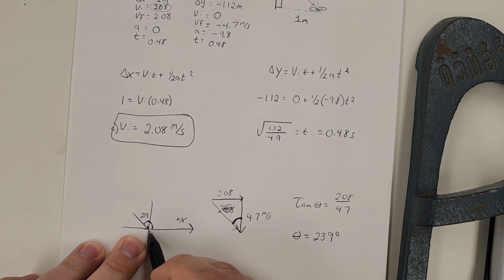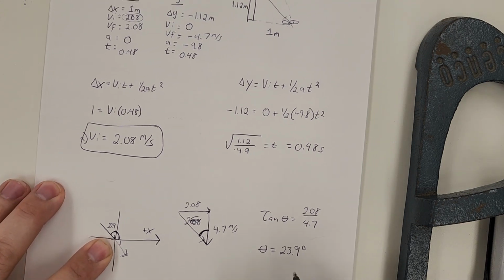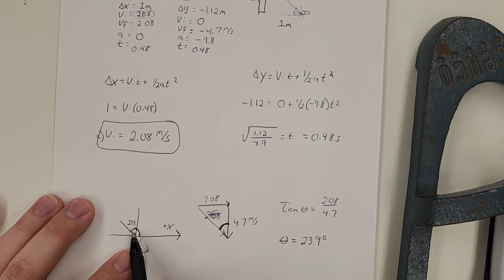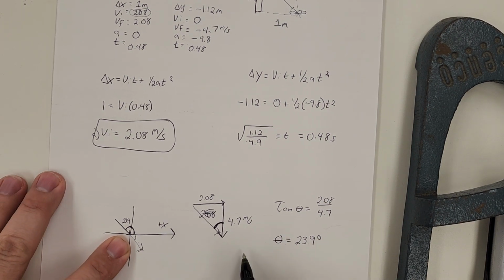Or we could also think of it as it comes through the floor. We could figure this angle out as well. So we have a couple of ways of doing that. It's either going to be below the x-axis or above the x-axis. So first off, above would be 90 plus this.